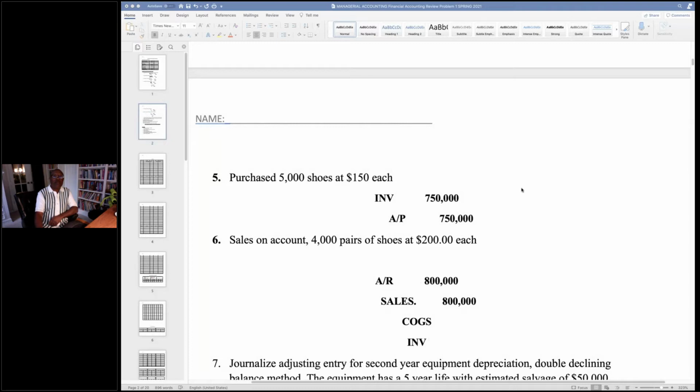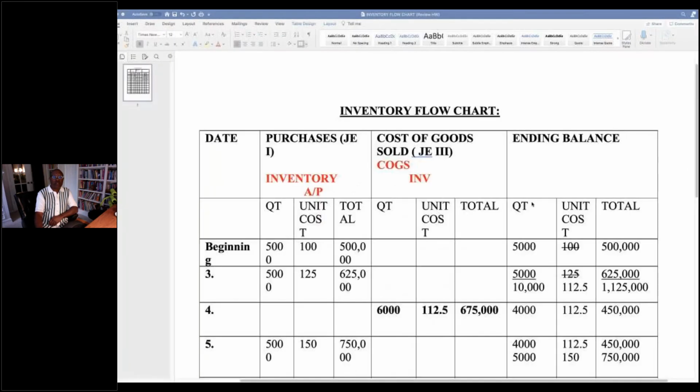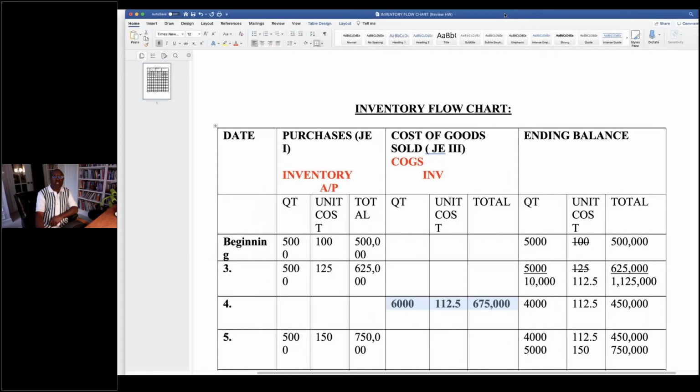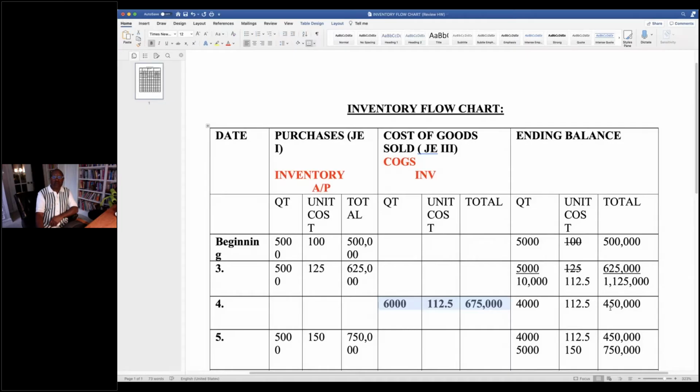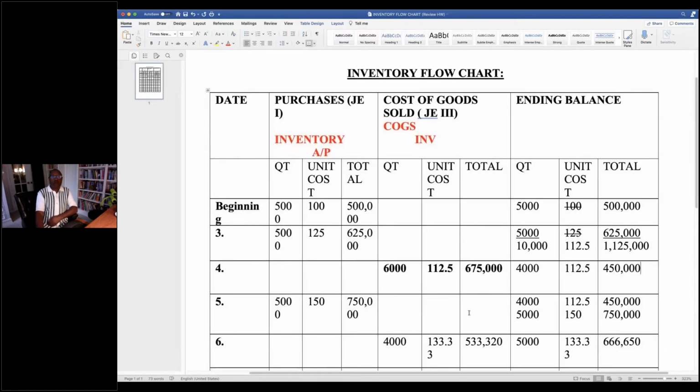Okay, we're going back to the inventory chart, and we're bringing down the 4,000 at 112.5. That's because we had 1,250,000. We sold 675,000. This is what we had left. Then we made a new purchase of 5,000.